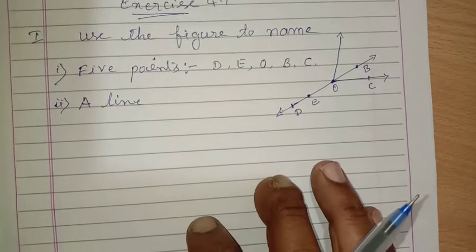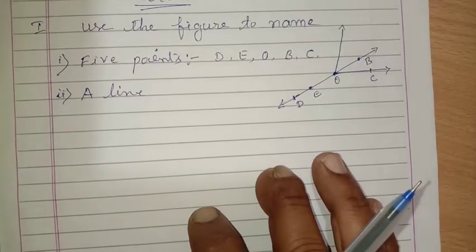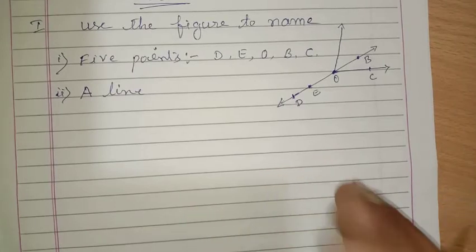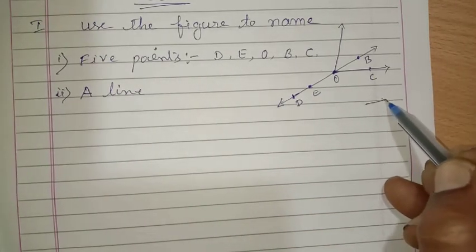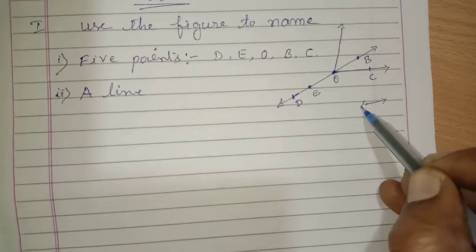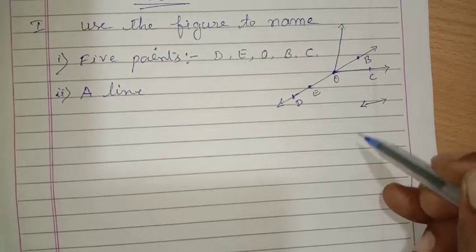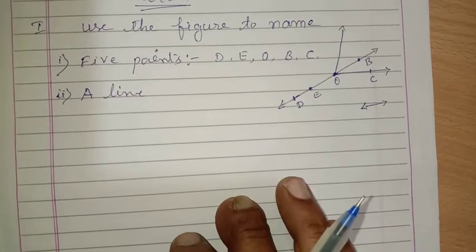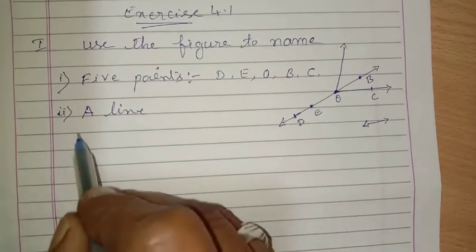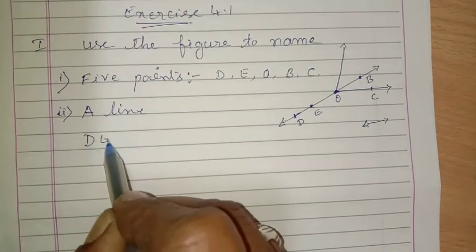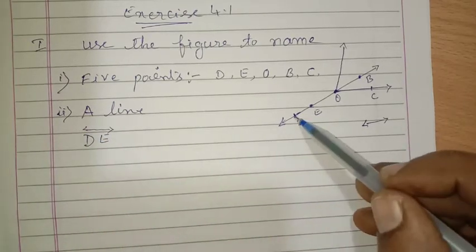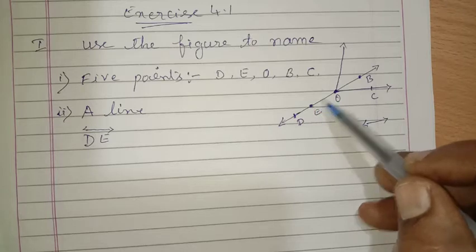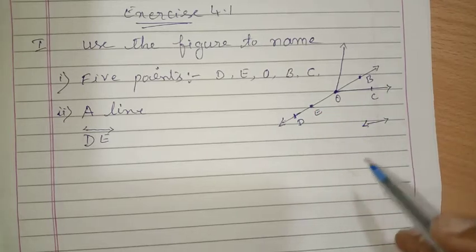Lines are shown with an arrow mark on both sides. This is called a line. So line DE: this is line DE, because it shows the arrow mark on both sides.